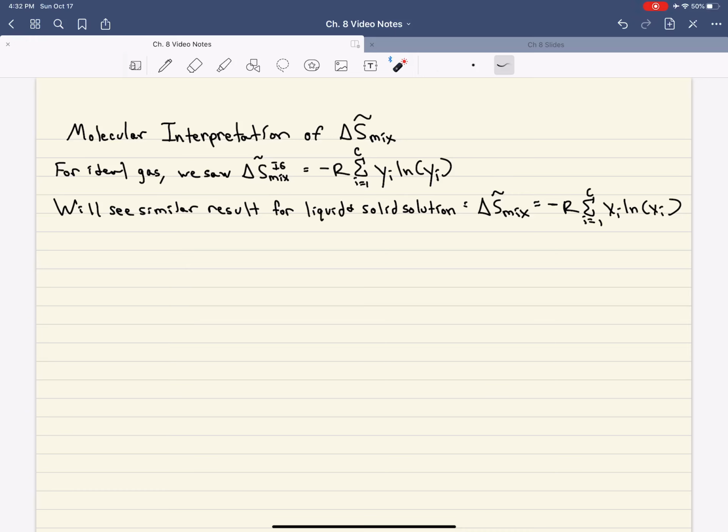Now this front x_i term comes from the fact that we have to directly multiply our entropy terms by moles, and then we divide it out by moles. But it doesn't explain why we have a natural log of the composition as well.